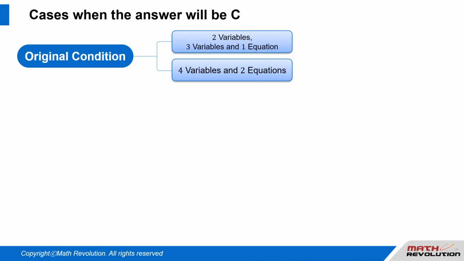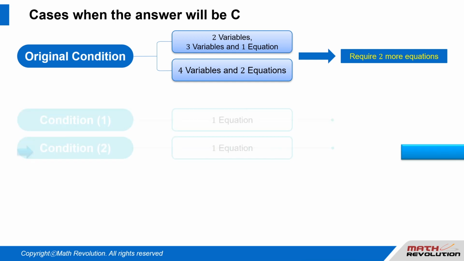Cases when the answer will be C. Let the original condition in a DS question contain 2 variables, 3 variables and 1 equation, or 4 variables and 2 equations. Now, all the cases mentioned would generally require 2 more equations for us to be able to solve for the value of the variables.